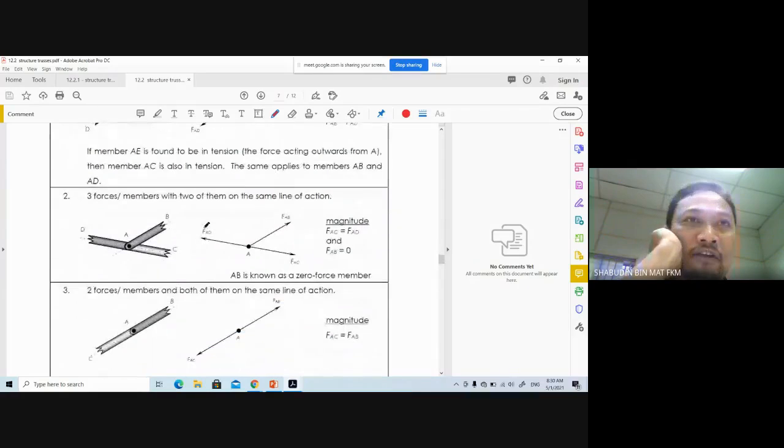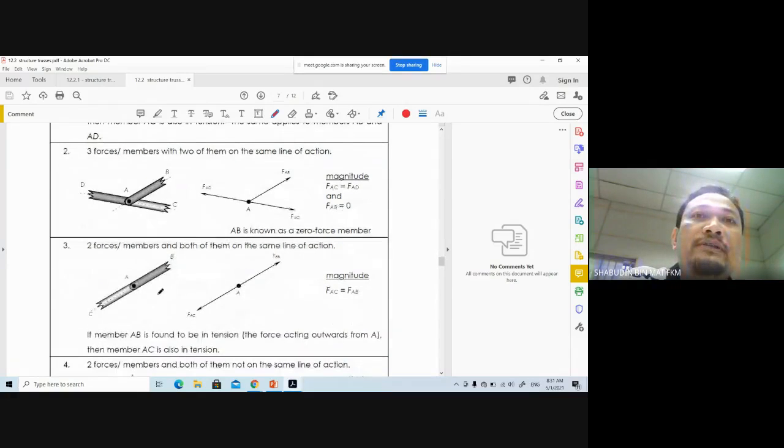If you have three force members, two of which are in the line of action, AD and AC are aligned and you have attached AB to that structure, then AB means nothing. The force in AB is zero.